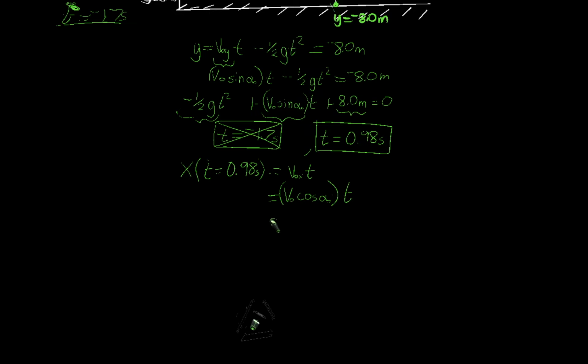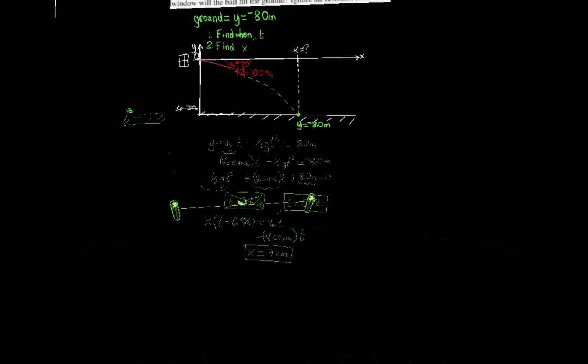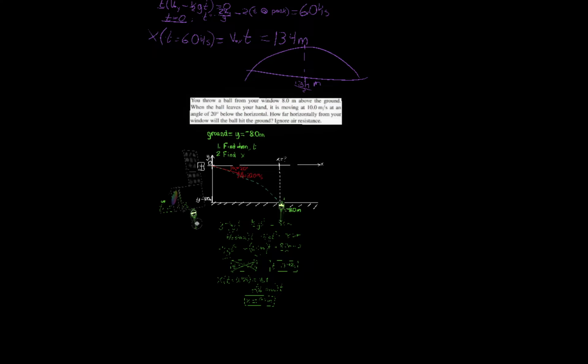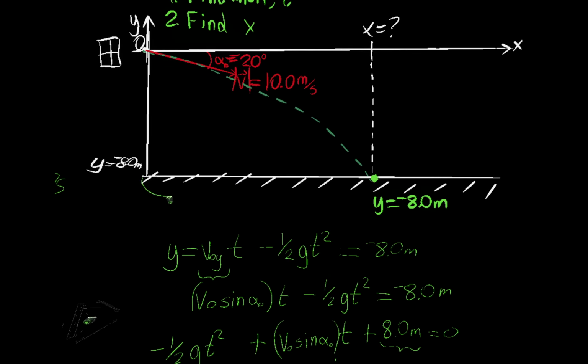And if you plug all of that in, you get 9.2 meters. That's the value for x when the ball hits the ground. So that's the horizontal distance covered when the ball hits the ground. That's this distance here. What was it? 9.2.